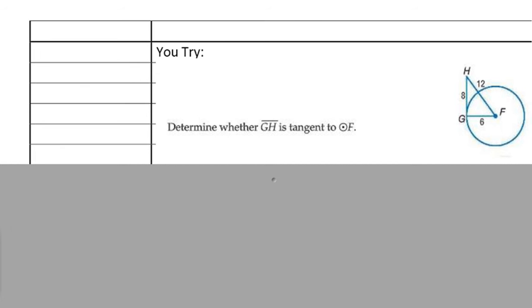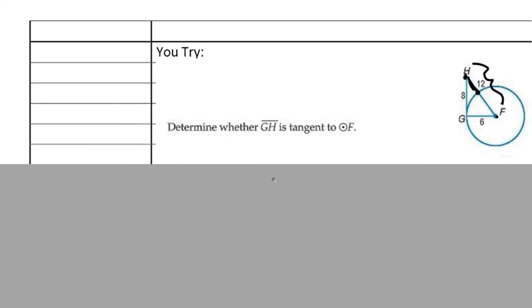So now you will determine the same thing in this next example. Again, they're only giving you from H to this end point is 12. So in order to figure out what the whole length of HF is, you want to figure out the radius of the circle and then add the two lengths together for Pythagorean theorem.